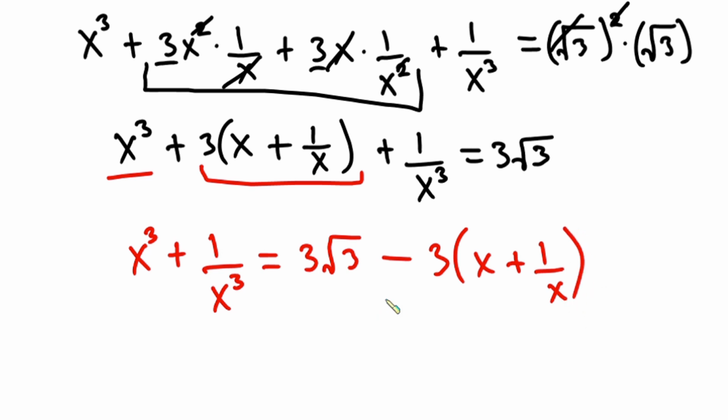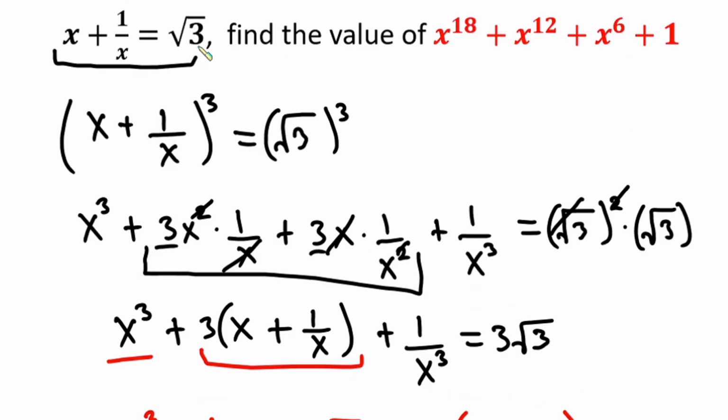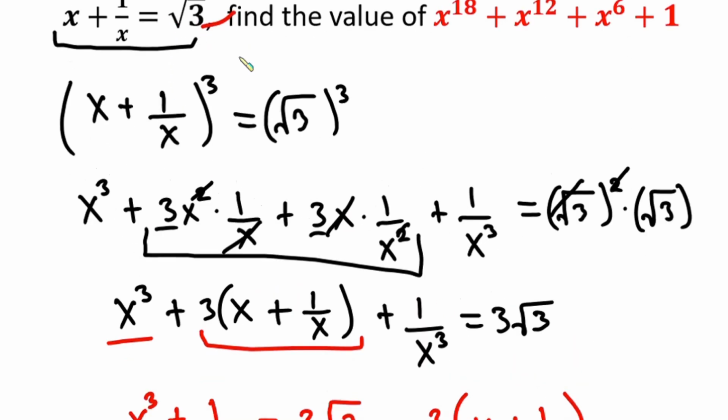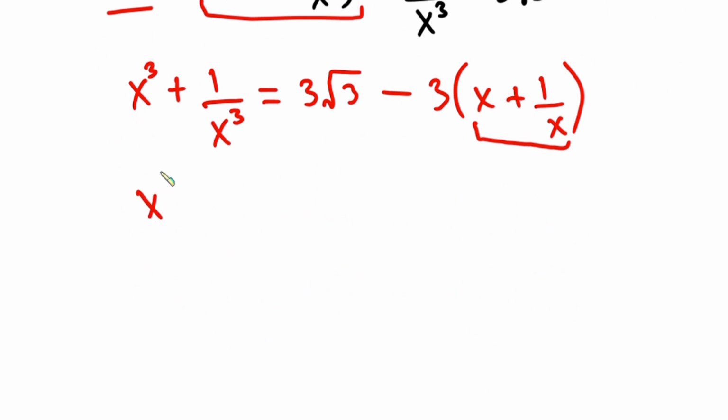Right. Now we see that what is in the parenthesis over here was given in the question. From here, it is given as root 3, right? So we're going to have x to the third power plus 1 over x to the third power is equal to 3 root 3 minus 3 root 3.